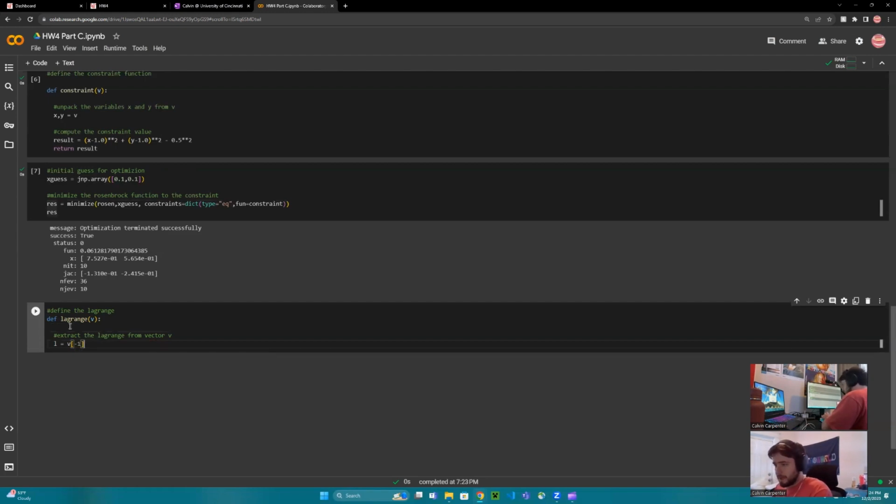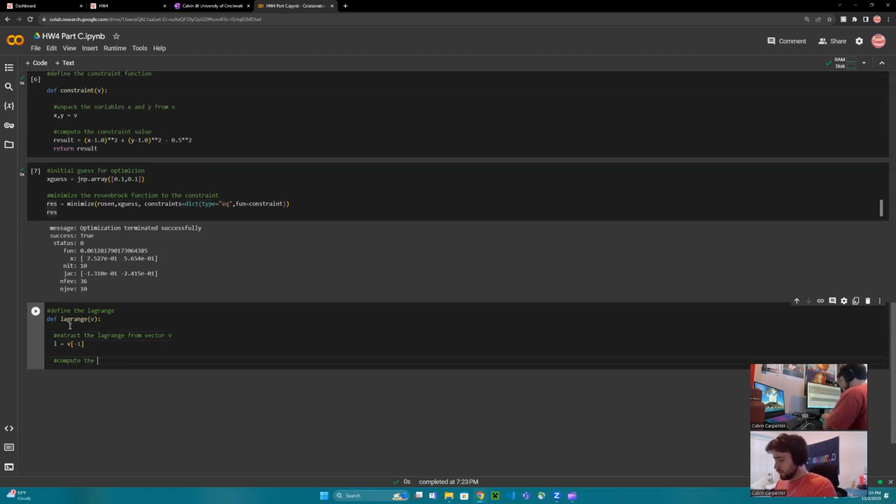Keep the Lagrange as a sum of the Rosenbrock function and the product of L and the constraint function.